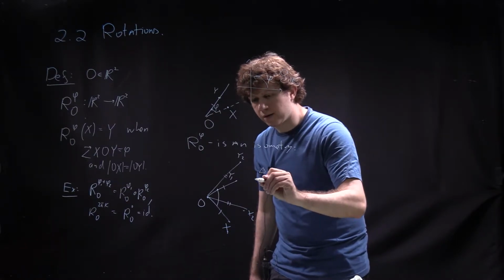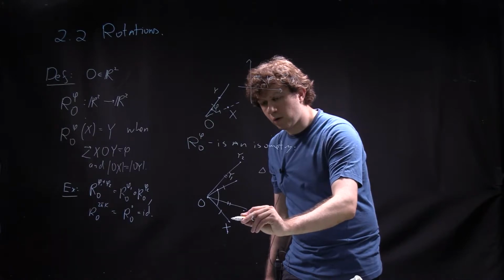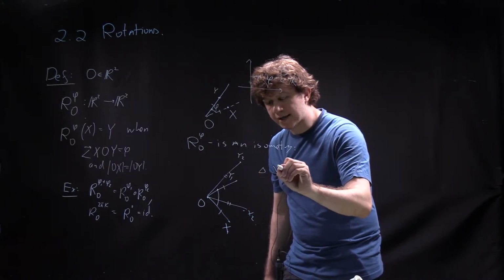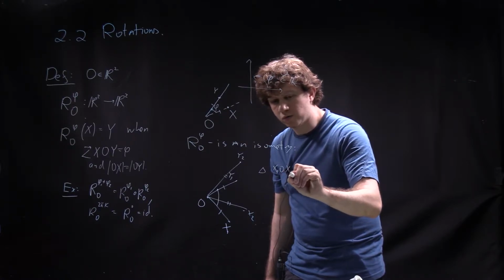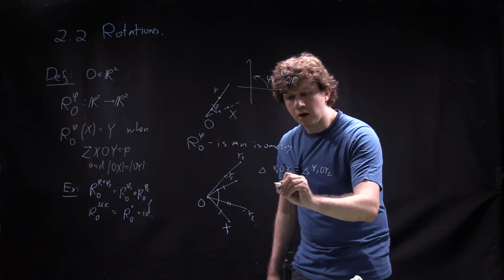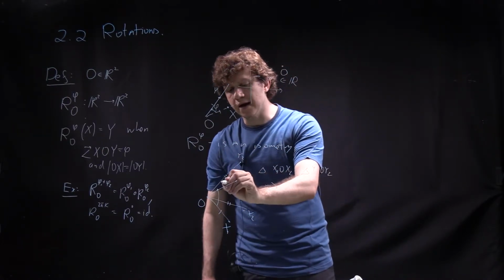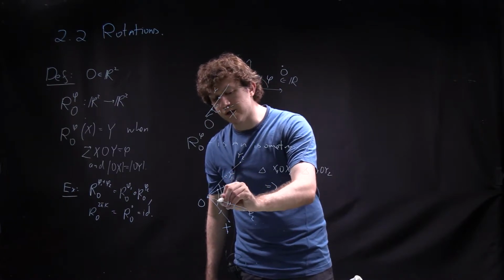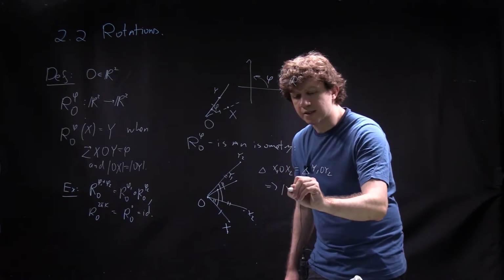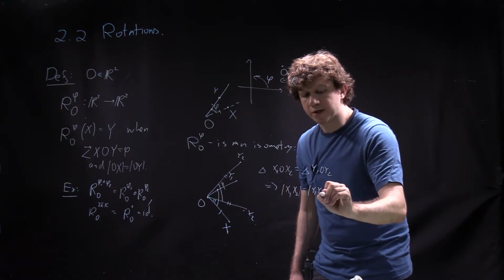So x1 goes to y1, x2 to y2, so triangle x1 O x2 equals triangle y1 O y2, because they have two corresponding sides, and also since these two little angles are equal, we deduce that the distance between x1 and x2 equals the distance between y1 and y2.